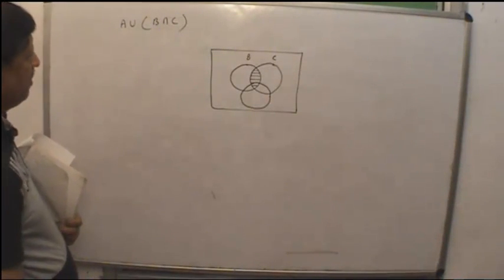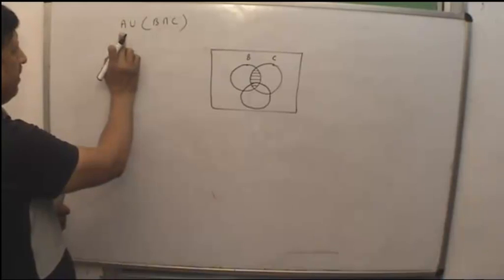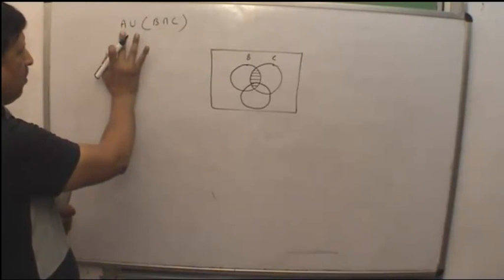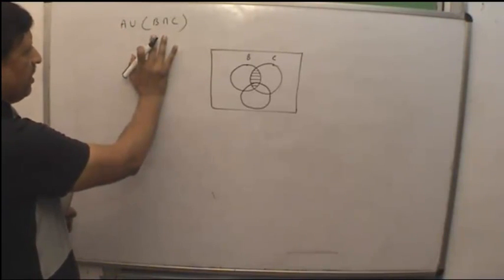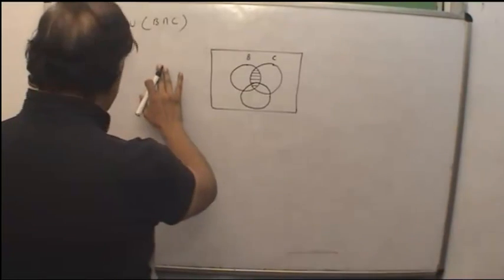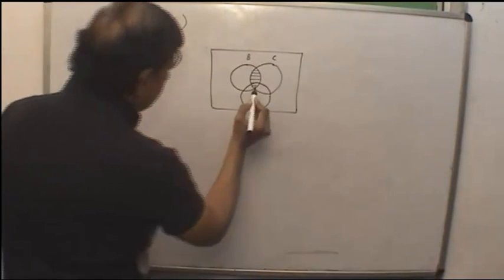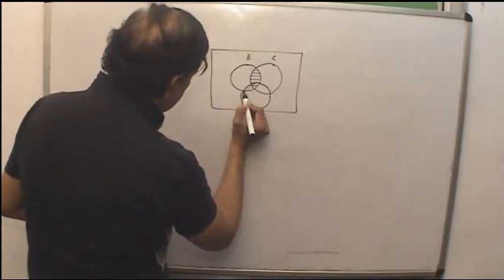Union means we combine all the elements of A with the elements of B intersection C, like this.